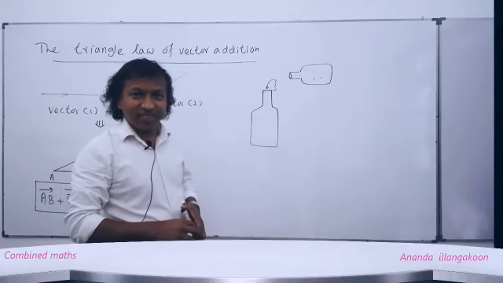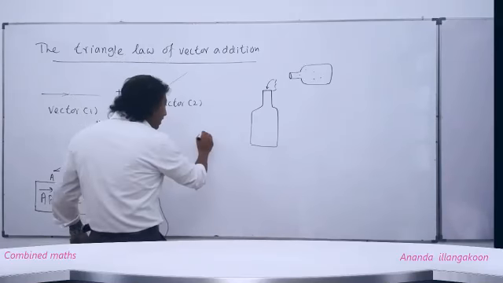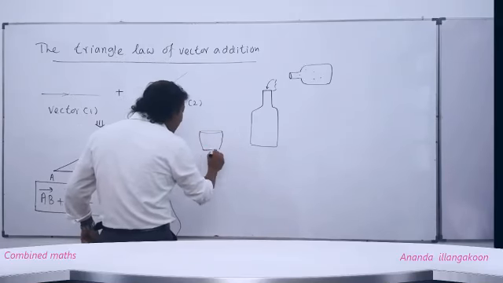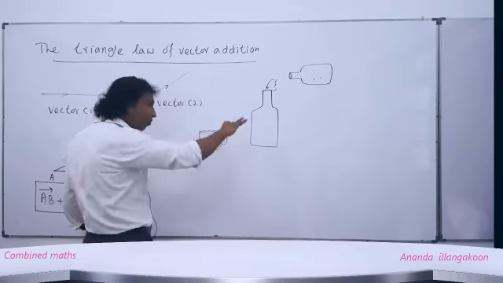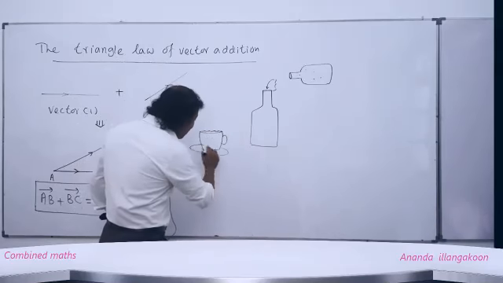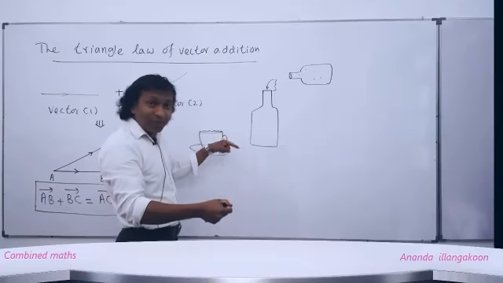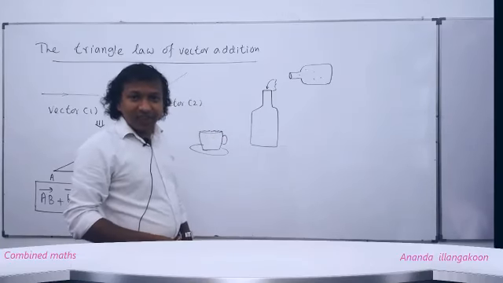How many of you can bring a cup of tea, full to the top, keeping it on a saucer like this, without dropping any drop out of the lid? Is it impossible?